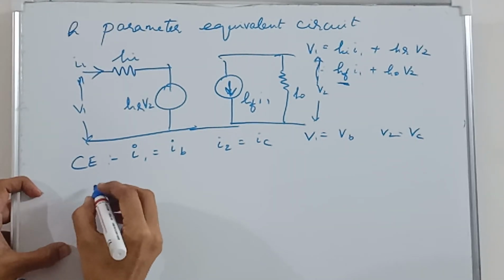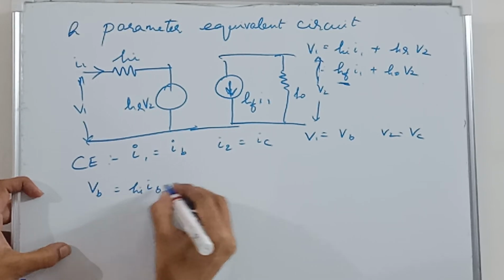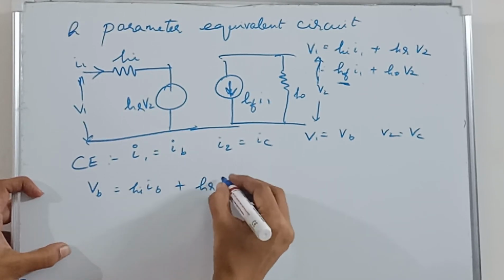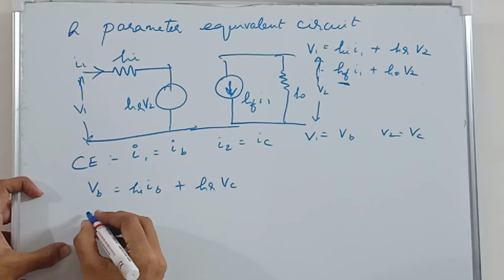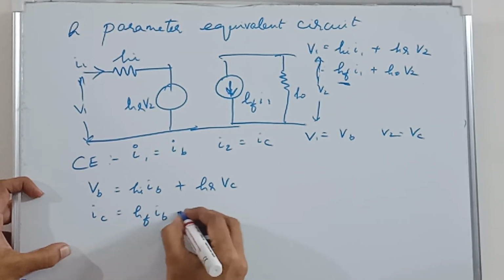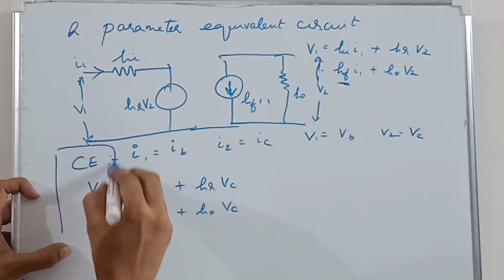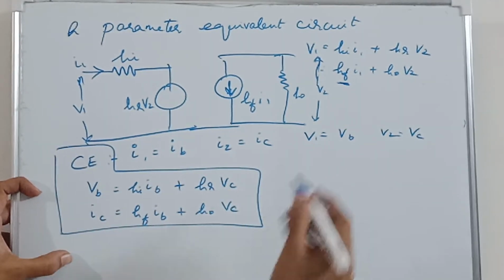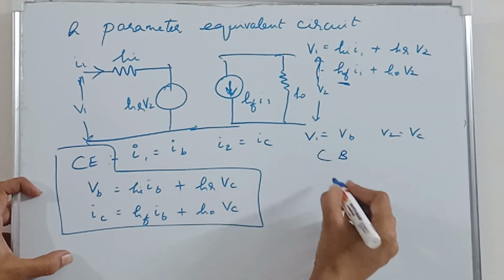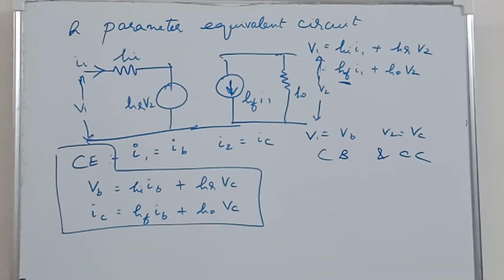So now our equations become VB is equal to HI into IB plus HR into VC, and IC will be HF IB plus HO VC. This is the case for a common emitter configuration. Similarly, you can write it for common base and common collector.